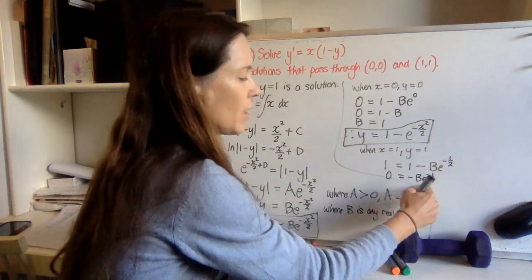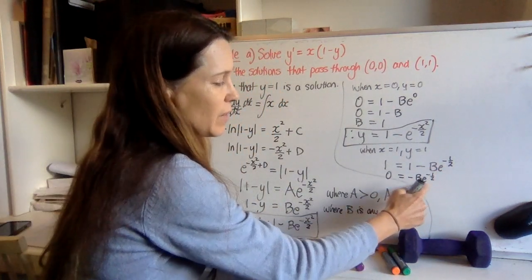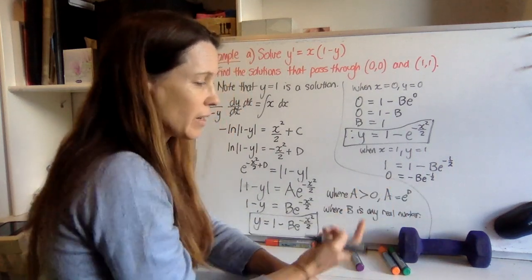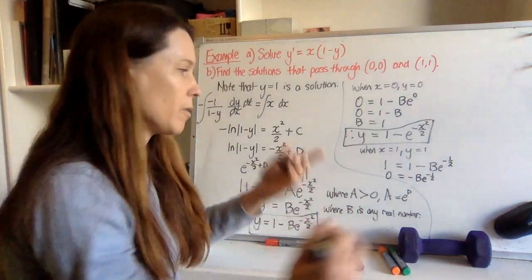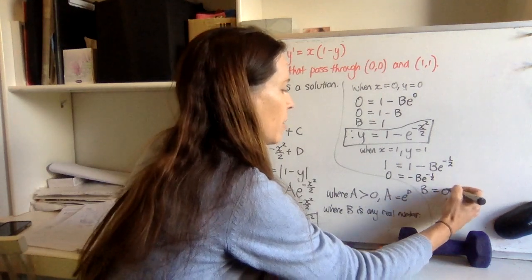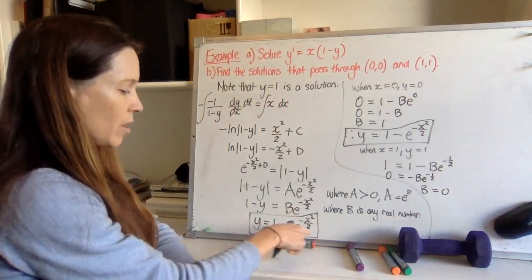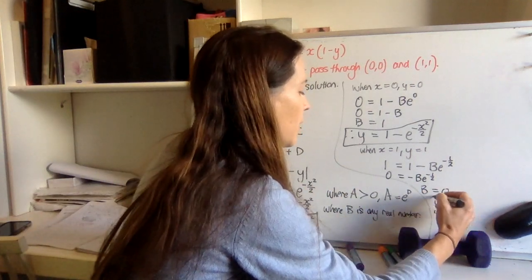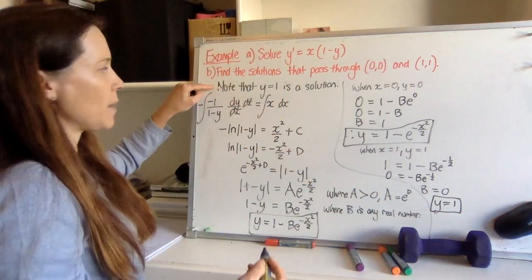Now e to the minus half is a number, so that means it can't actually be 0, which means that if two things are multiplied together to make 0, then negative b must be 0, which means that b must be 0. So if b is 0, then this whole section is 0, and we end up with the solution y equals 1, which we actually considered way back at the start.